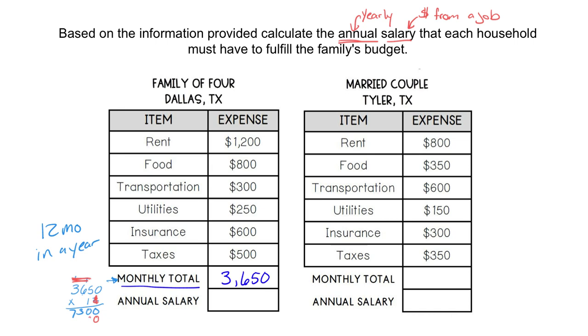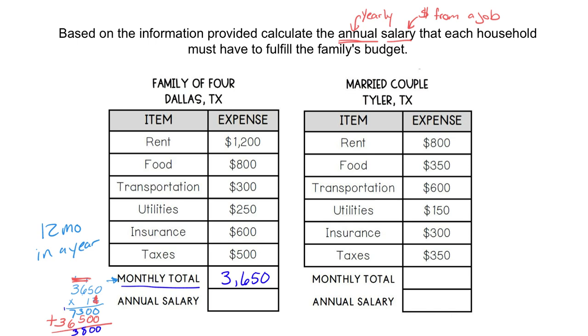0 times 1 is 0. 1 times 5 is 5. 1 times 6 is 6. 1 times 3 is 3. Put a line here, add them up. So zeros add up to 0, 5, 6, 7, 8. 7 plus 6 is 13.